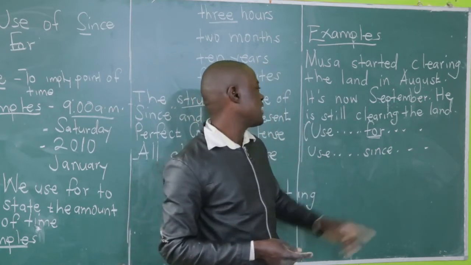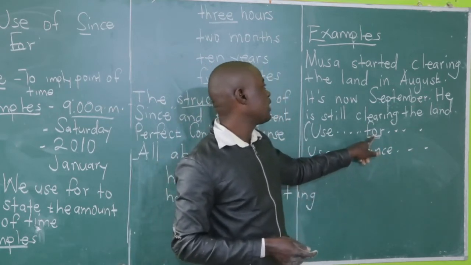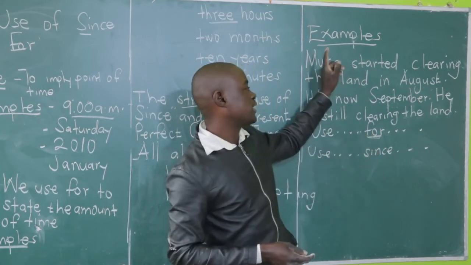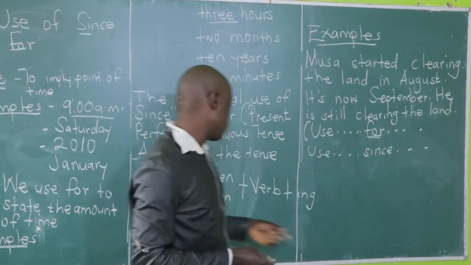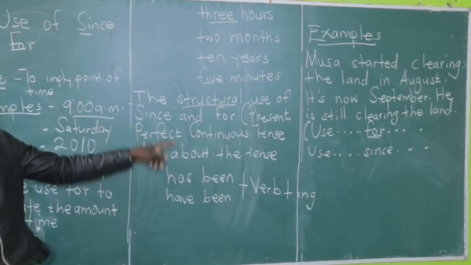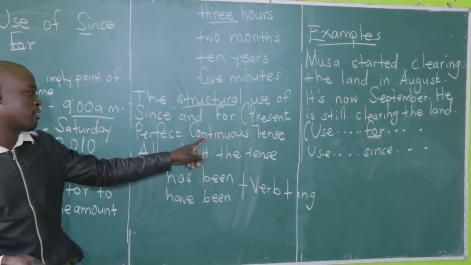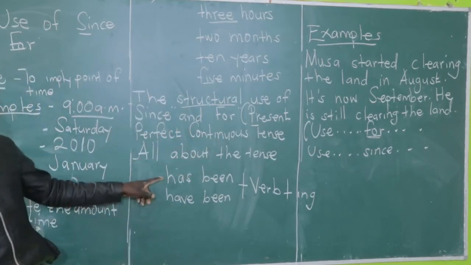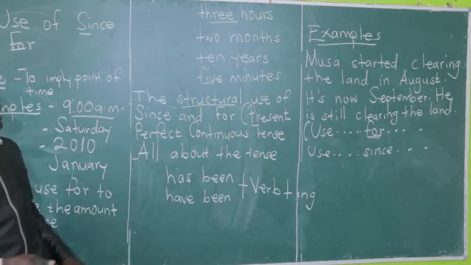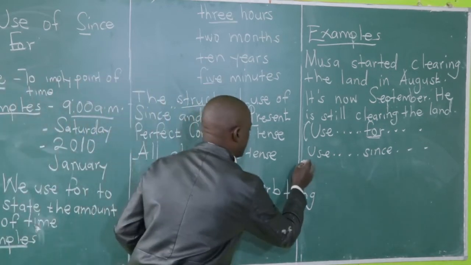And in case an action started and is still taking place, of course you will have to come from the tense. That's the present perfect continuous tense, where we use has been, have been, just as the sample here is.